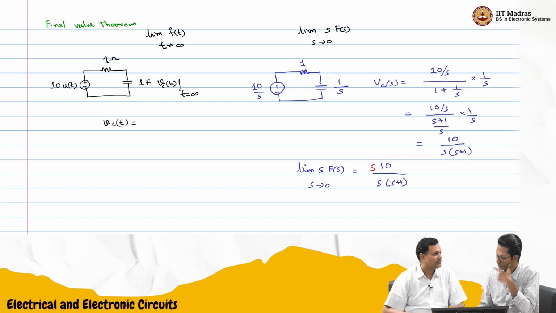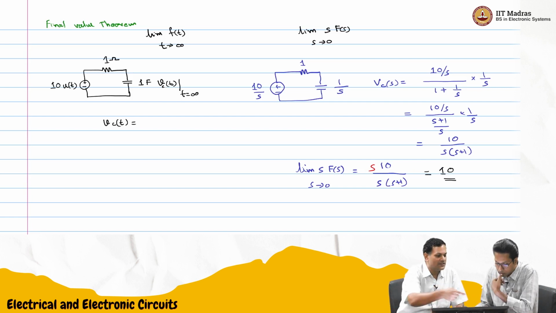This is easy. s and s will get cancelled, and this is just 10. As s tends to 0, 10 volts. So Vc of infinity is 10 volts.